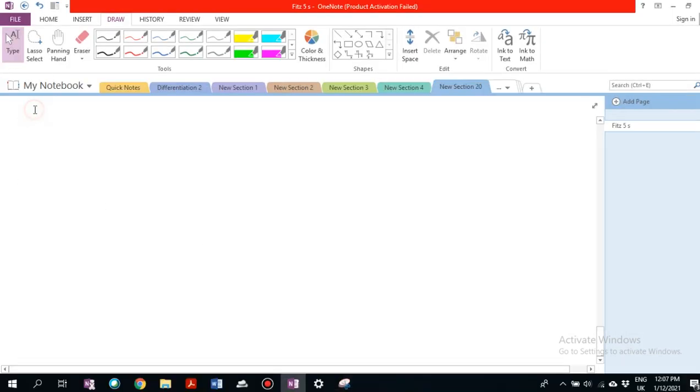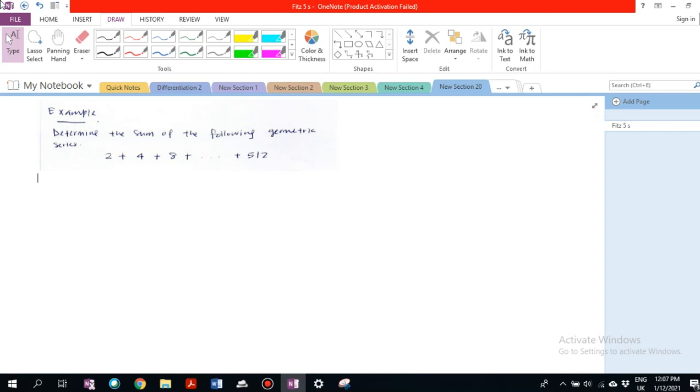Another example we can see: determine the sum of the following geometric series. Here the solution is, we know that your A is equal to 2, we know your R is equal to 2, then Tn is equal to 512.